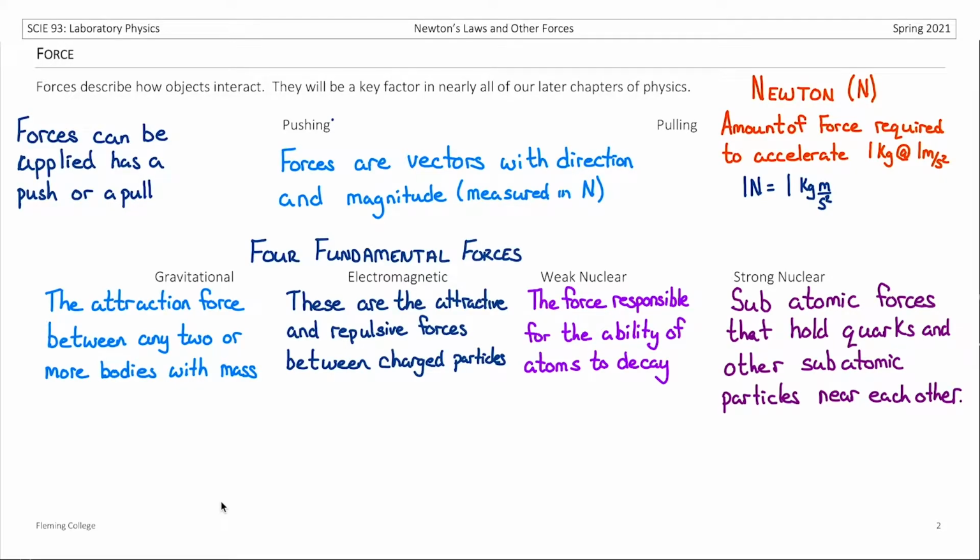As we move from left to right through those 4 forces, it is likely that you would have less and less reason to experience or understand or work with the category. And currently, in leading-edge physics studies, theoretical physicists are trying to describe and define a theory of forces that would unite these 4 fundamental forces.